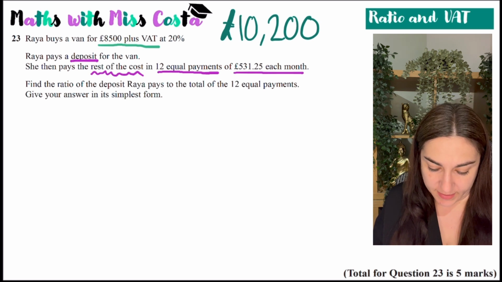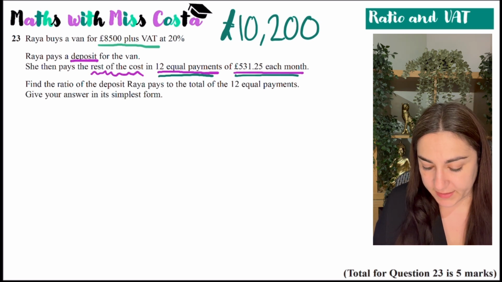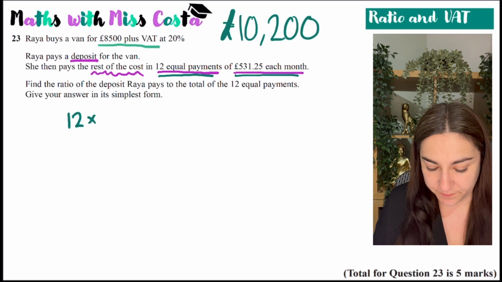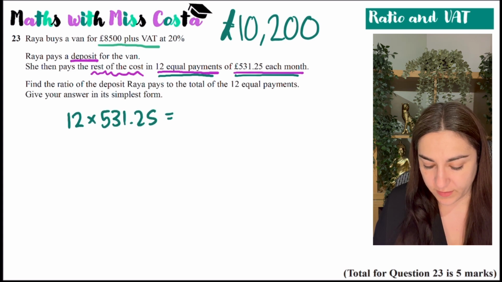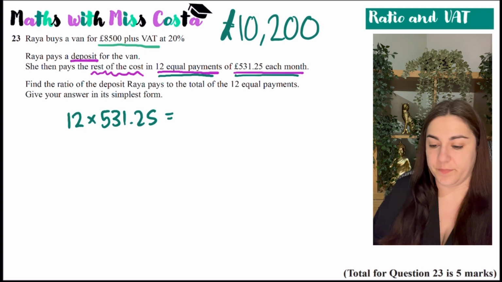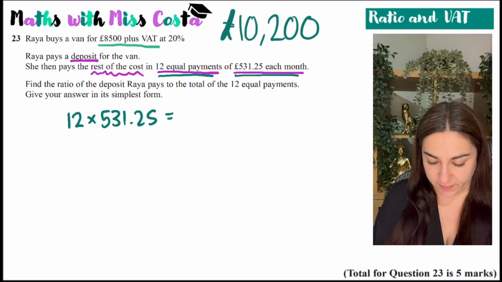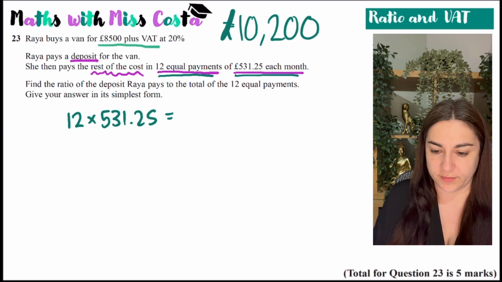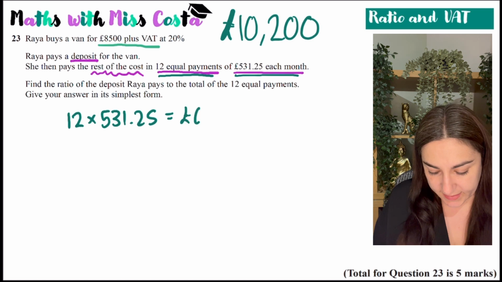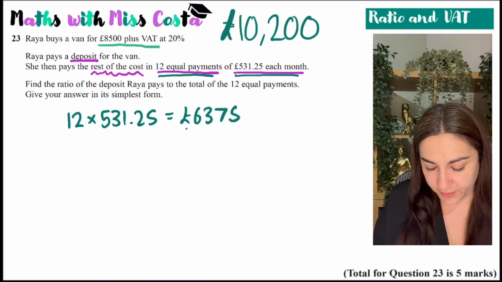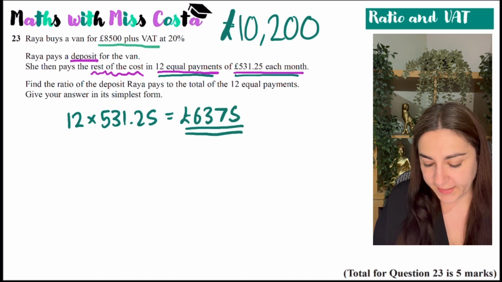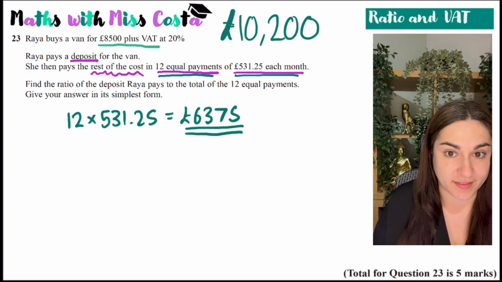And then I know she pays 12 equal payments of £531.25. So that's 12 times 531.25, which is 6,375. So that's how much she pays after she's paid the deposit.